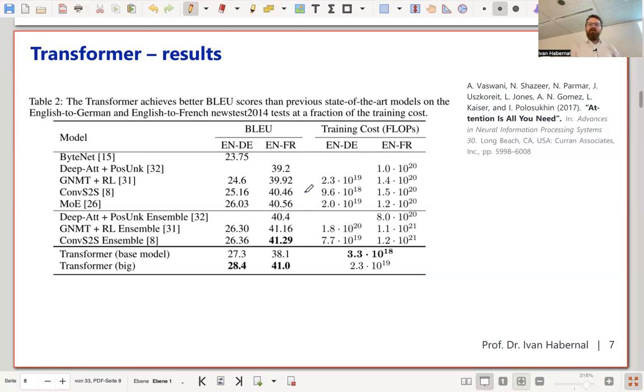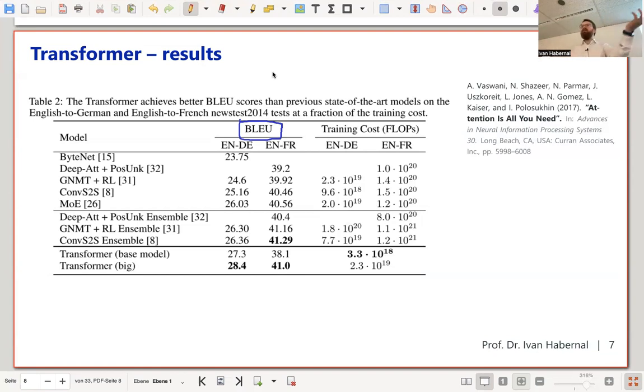And these are BLEU scores. So the higher the better. What is a BLEU score? Yeah, BLEU score is, I think, the n-gram precision, something like that. It has something to do with n-grams, and you compare the overlap of your reference translation and what you're producing.